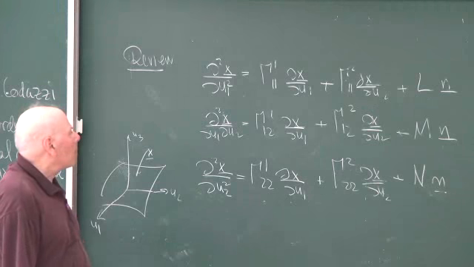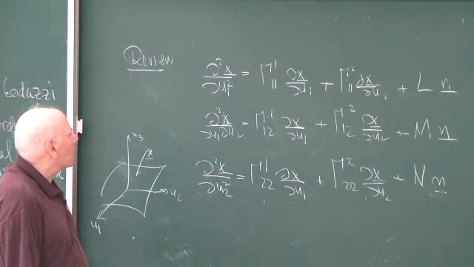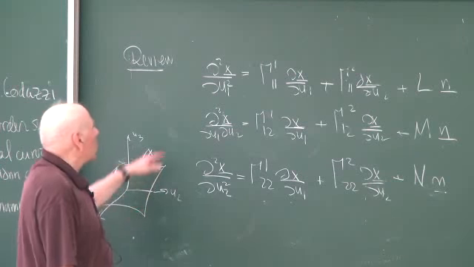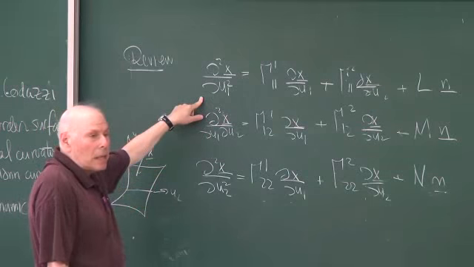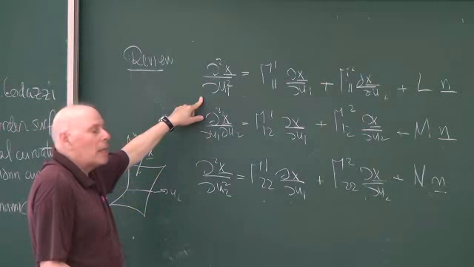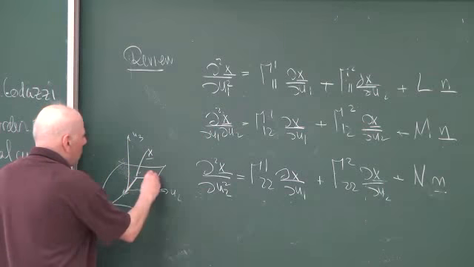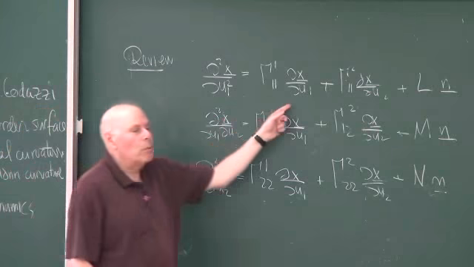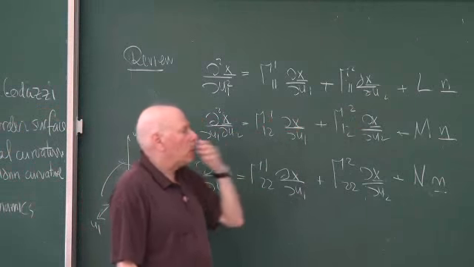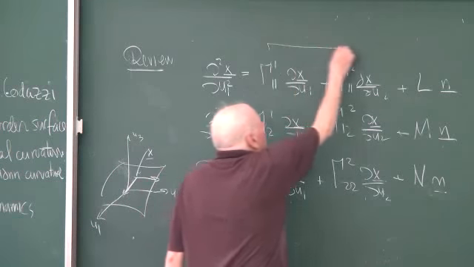And we take a point on the surface, and then we differentiate twice. So this is a vector valued guy, and we decompose the vector into points in the tangent plane, which is the partial of x with respect to u1, partial of x with respect to u2. So this is in the tangent plane.